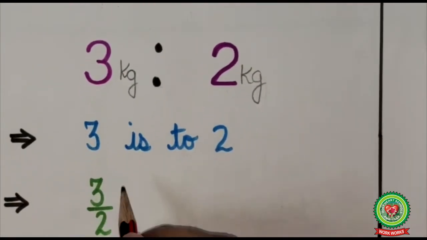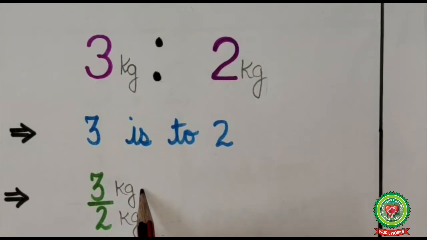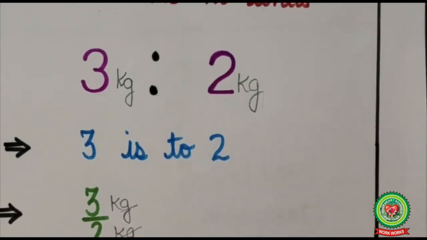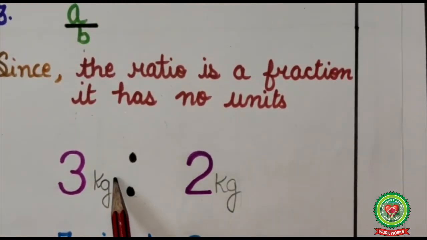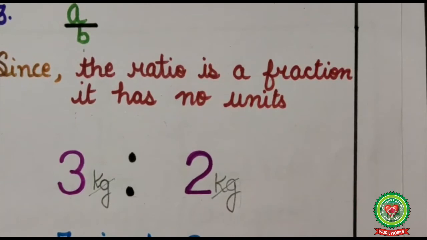Kilograms and kilograms, both units are the same. Therefore, these will cancel each other, so it is meaningless to write a ratio with units. It shows that a ratio has no units.